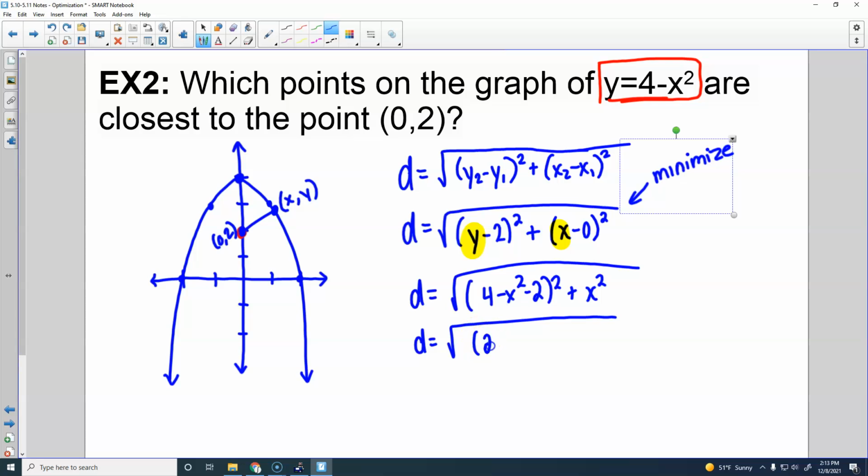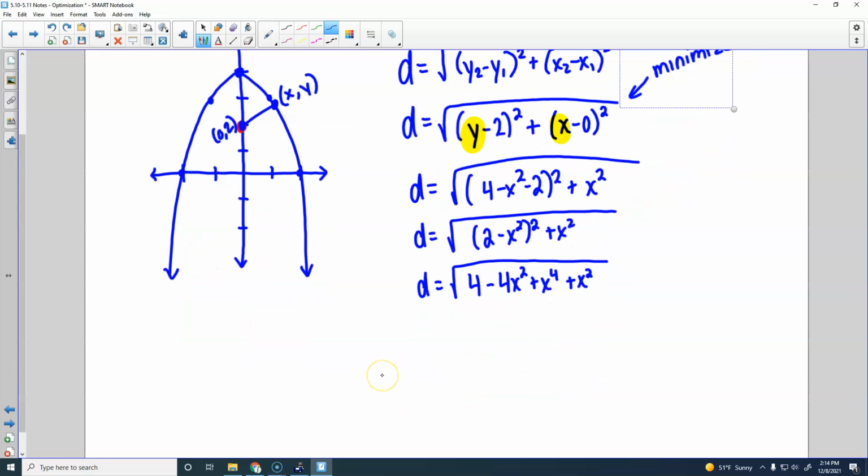So we would get 2 minus x squared, plus x squared. If we square, we'll get 4 minus 4x squared plus x to the 4th, plus x squared. And then we can put those x squareds together. So x to the 4th plus 3x squared plus 4.